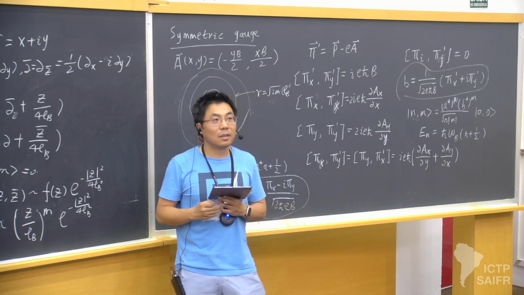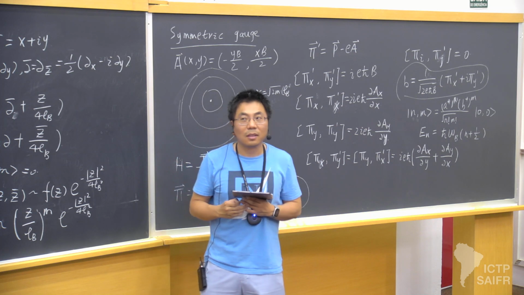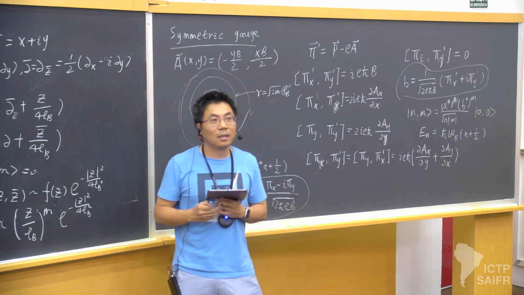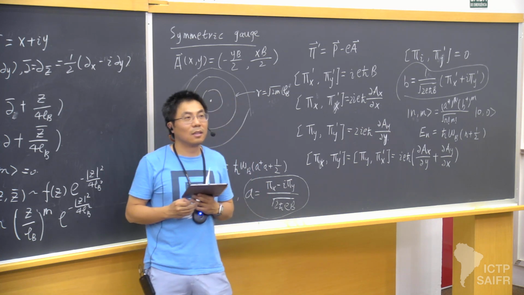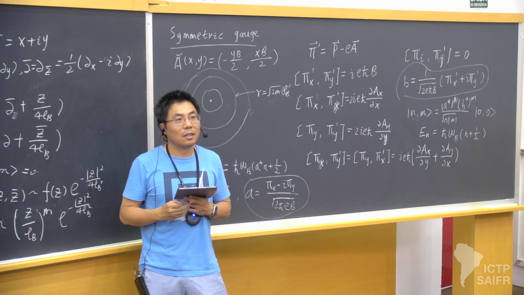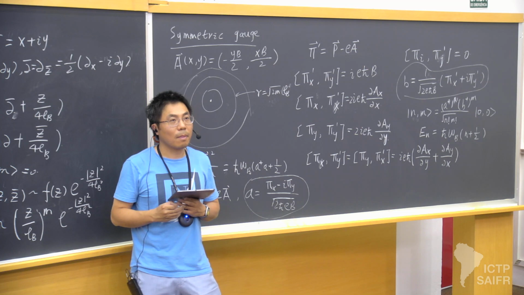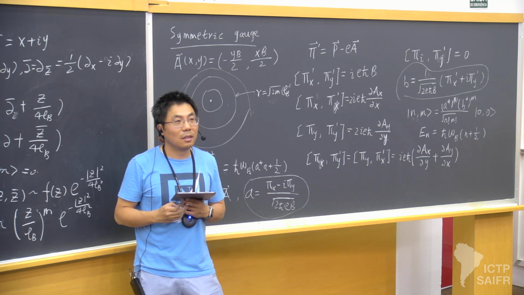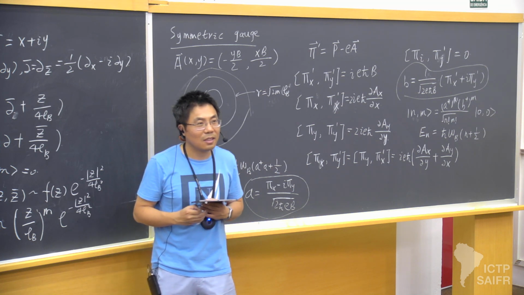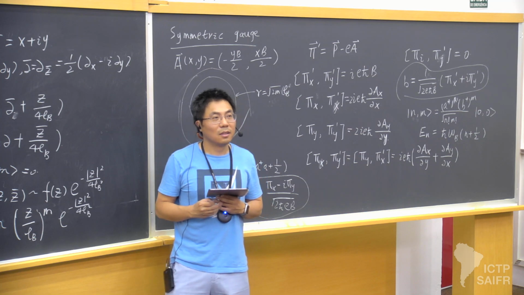That's the same thing as Jx plus iJy and Jx minus iJy, which is J plus and J minus, and you raise and lower the angular momentum. So it's basically the creation and annihilation operators, the a and the b.